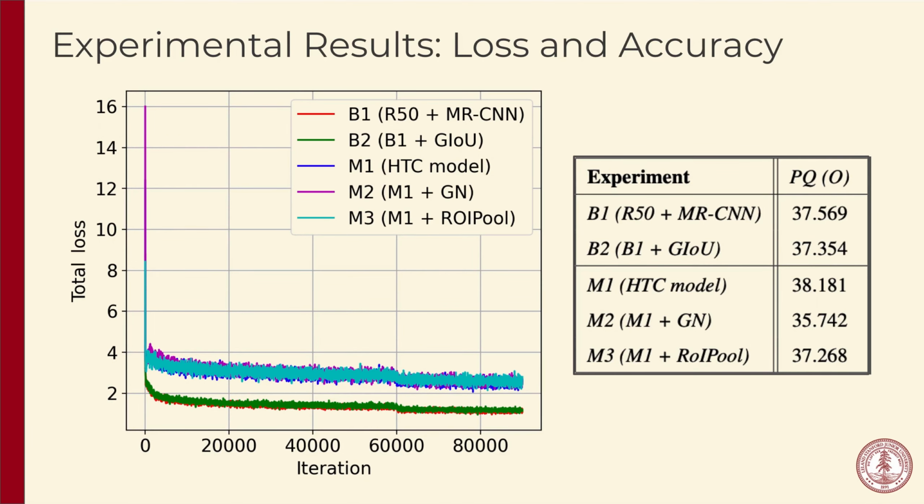The first one is the mask RCNN may be overfitting because HTC has both higher PQ and higher loss. Therefore, lower loss of the baseline model with worse performance is a very classic indicator of overfitting. So our HTC model may show improved generalization to the new data.